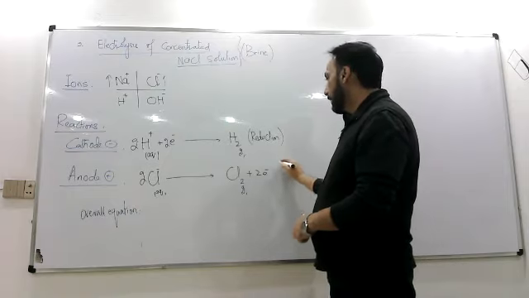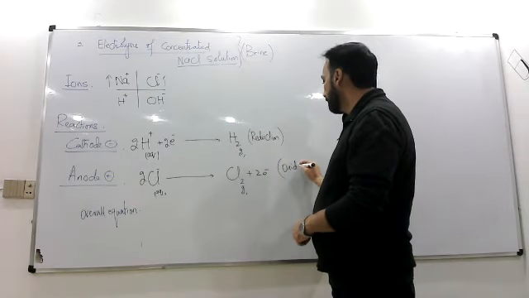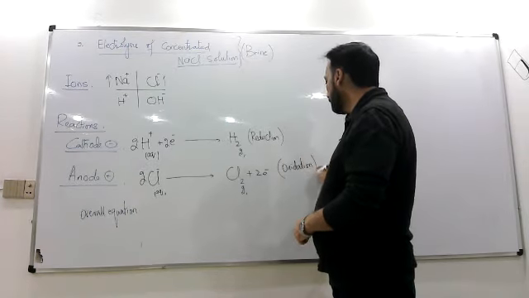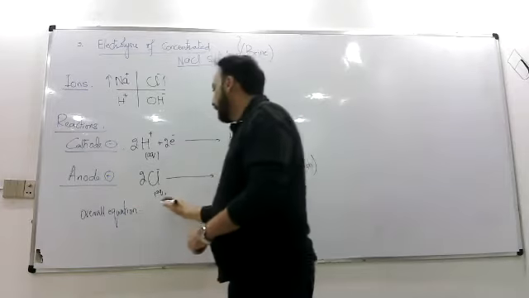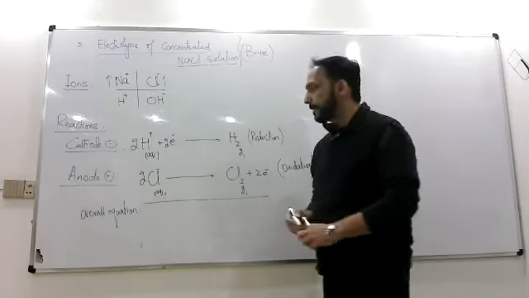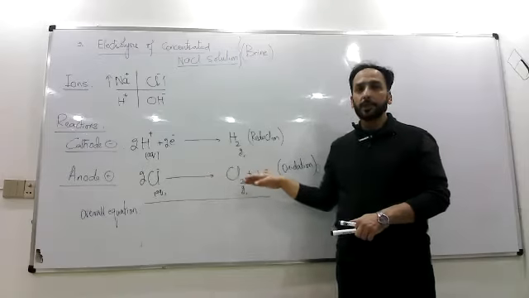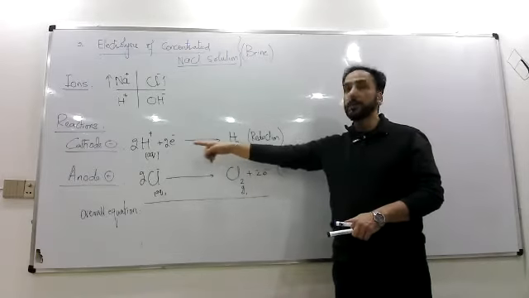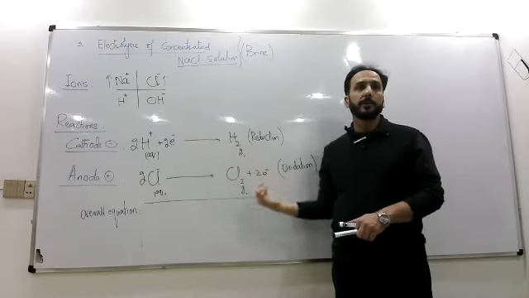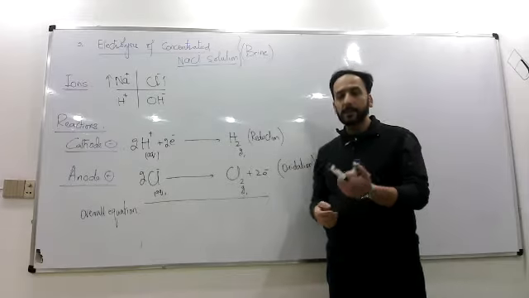Loss of electrons is at the anode, that is oxidation. So when we add these two equations, I said yesterday that when you add reduction and oxidation equations, you need to make sure the electrons are equal. So the electrons are equal, or we can cancel them out.